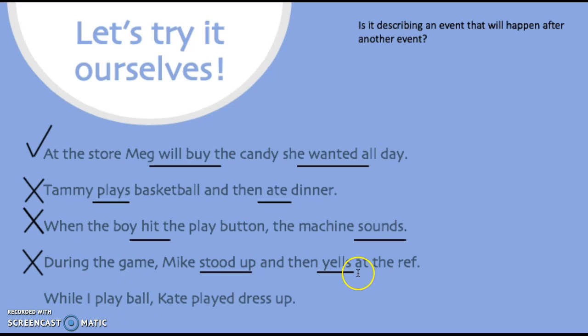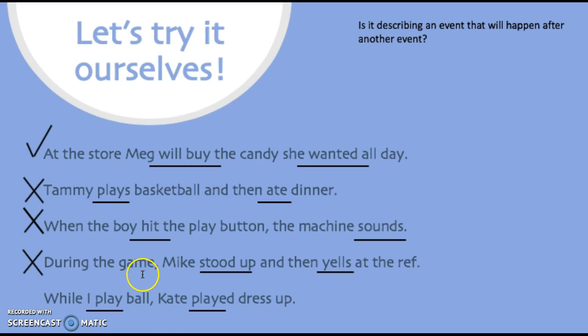Alright, now let's look at the last sentence. While I play ball, Kate played dress up. Okay, so first verb, play, second verb, played. Is this describing an event that will happen after another event? Well, while I play ball, so we know that we are currently playing ball.